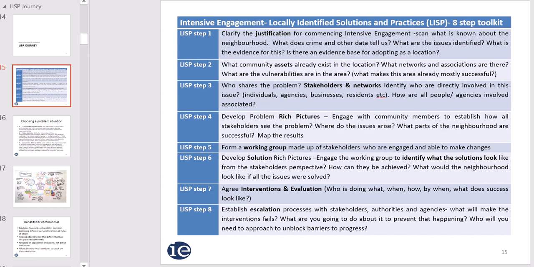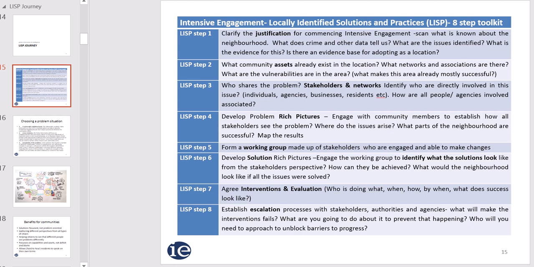So it doesn't matter where you do this, but the important thing is that you go through the same steps for each location, and they will help you design or decide on what package of interventions you need to use in a particular neighborhood, which might be completely different from the neighborhood next door.